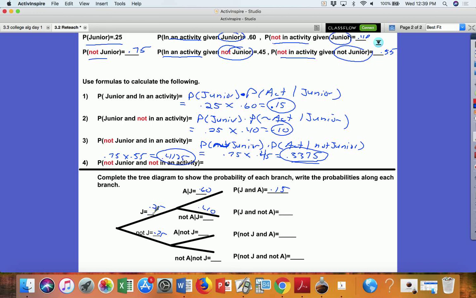Junior and not in an activity, that product. Okay, so hopefully 45, 55, same information is up here, but just kind of in a flow of how it's happening.